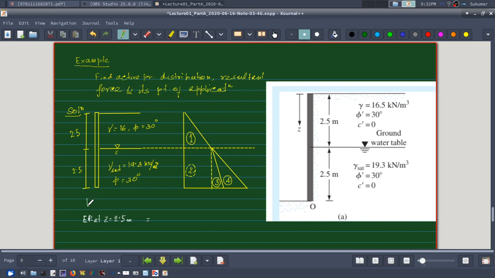Ka is (1 minus sine phi) by (1 plus sine phi).